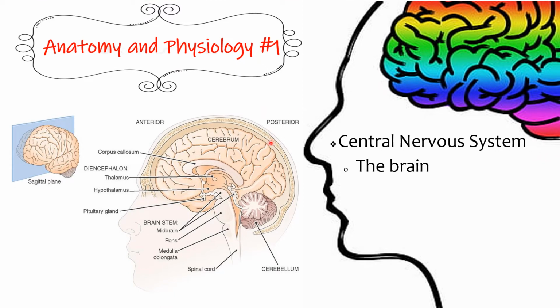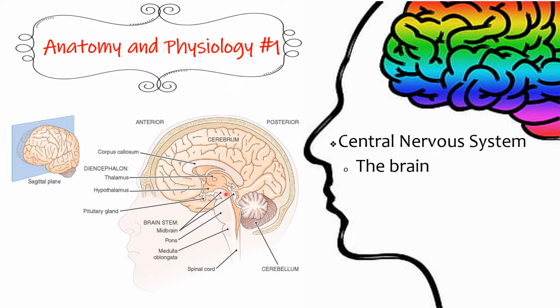Now, let us talk about the anatomy and physiology of the central nervous system. Your central nervous system is composed of the brain, and the brain has four regions: the cerebrum, the diencephalon, the brain stem, and the cerebellum.